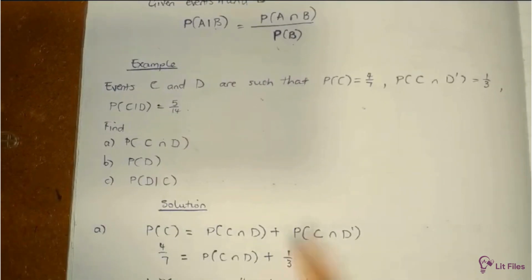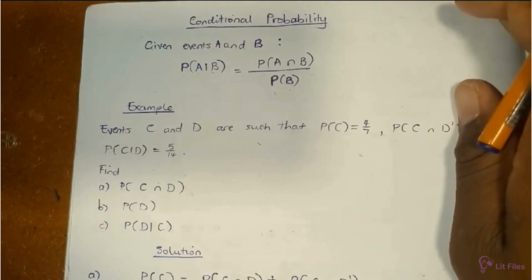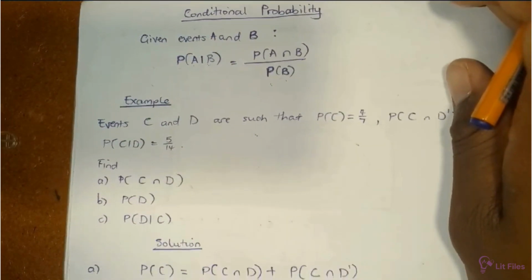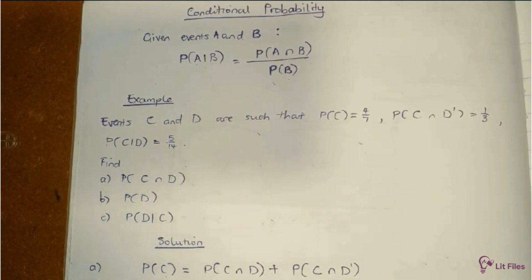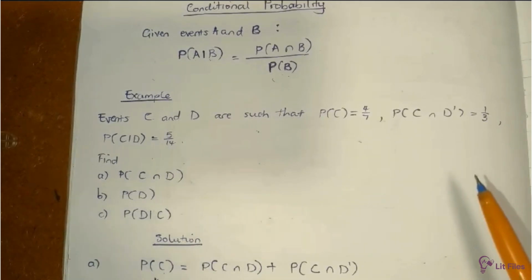Now, the way we can solve this is we need to remember that for C to occur, or the proportion of the elements that will go in set C, if you think of it in terms of the Venn diagram, you need the intersection of C and D, as well as what is in C and not in D. Remember, there's the intersection and what is outside the intersection, but still inside set C. So we just substitute.